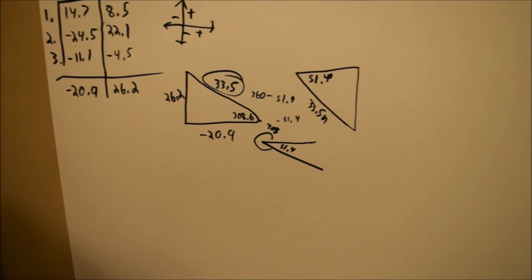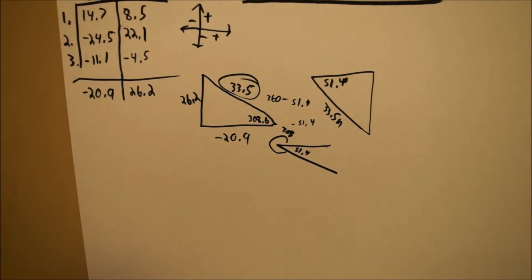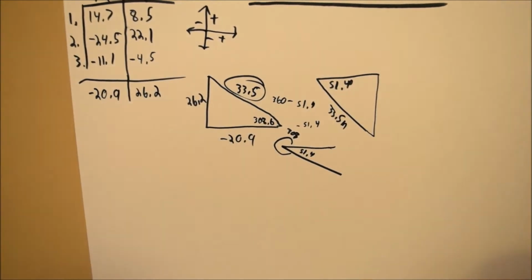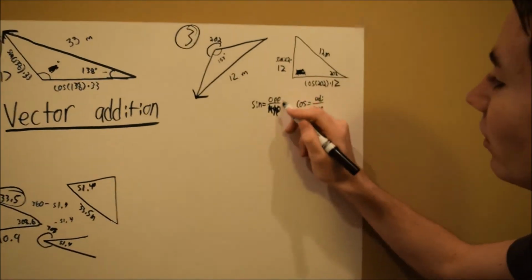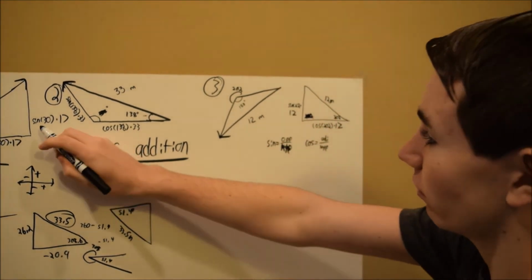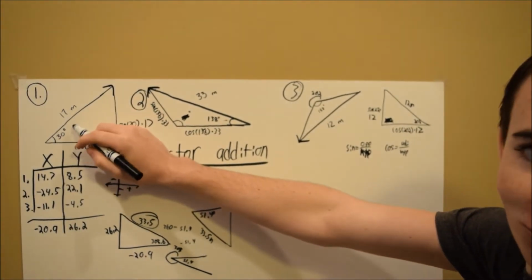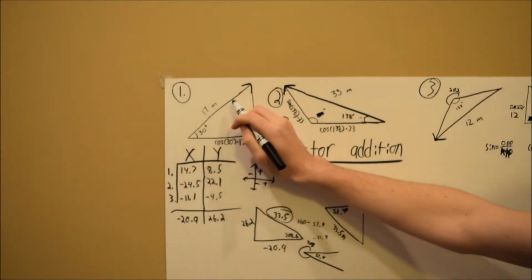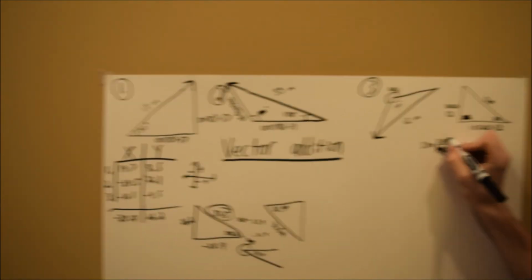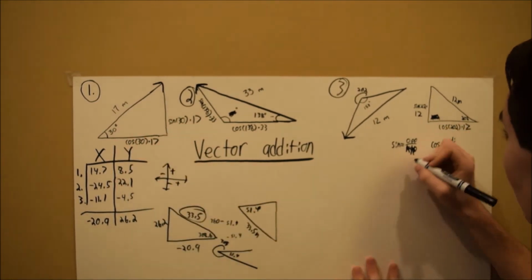Wait, so how did you figure out the magnitudes? Well, you use sine, cosine, and tangent. If you don't know, sine is equal to opposite over hypotenuse. For this one, you're given the hypotenuse, and you're trying to solve for the opposite, which is right over here, opposite of the angle.